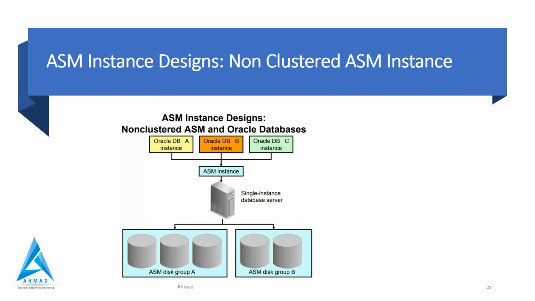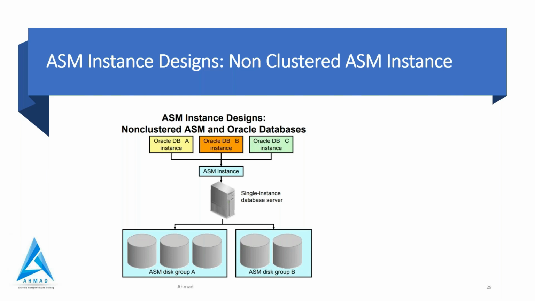At the bottom of the picture, you see that there are two disk groups of that ASM instance, which is used to provide space for the database. So in this environment, a single host machine contains the ASM instance along with each of the three database instances. Each database can store its files in both disk groups or only a single disk group if desired.